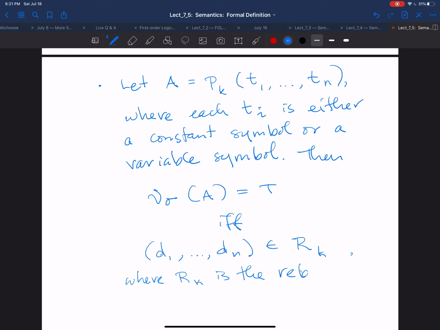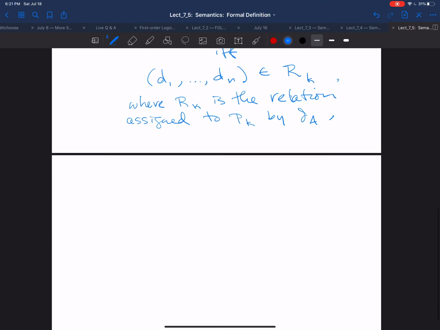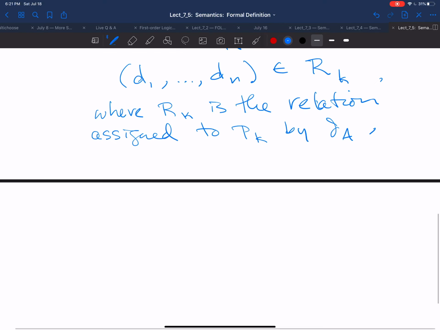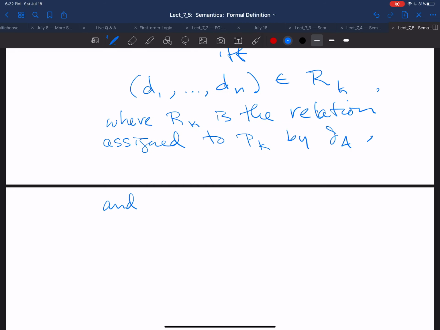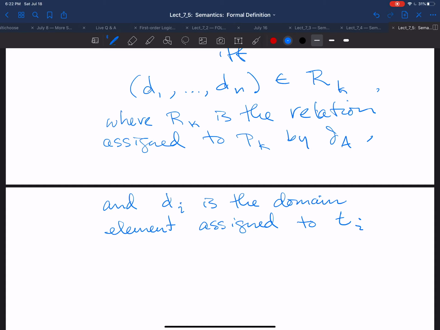So Rk is the relation assigned to Pk by the interpretation, and these di's, di is the domain element that is assigned to ti, and what is it that assigns that domain element di to ti?